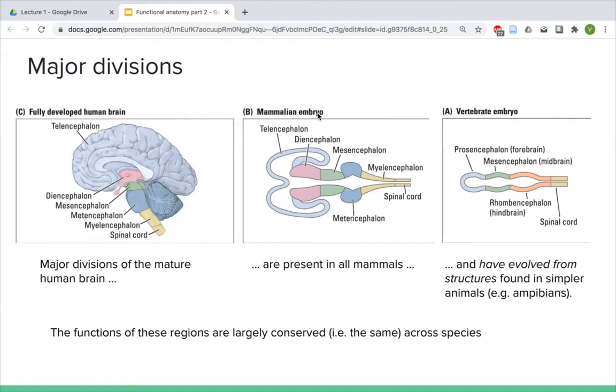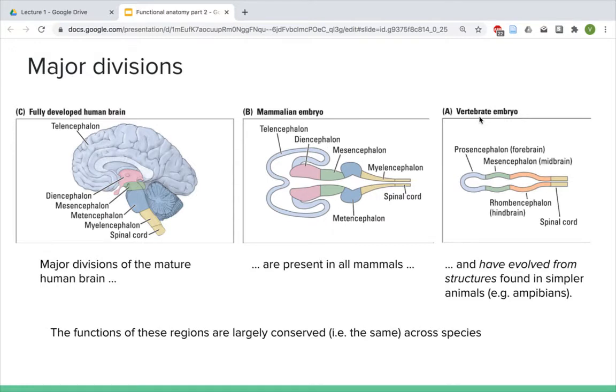And we can even take a mammalian brain and compare it to some lower vertebrate, like a reptile or something like that, and we can find parts of the brain that match up on a more or less one-to-one basis.